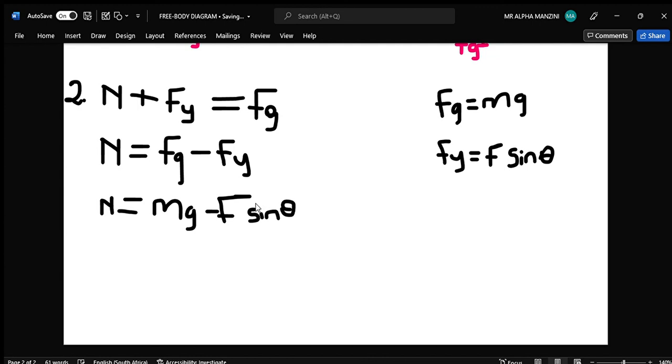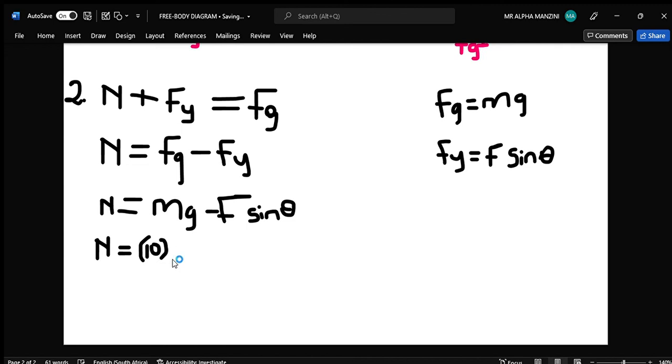So replacing them, we have N is equal to, what is mg? M is the mass of the object, which is 10. That object is 10 kg. What about G?